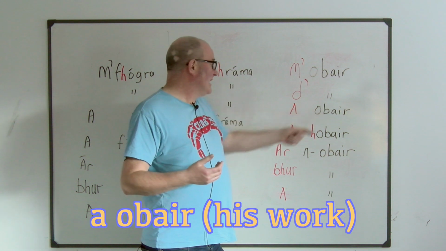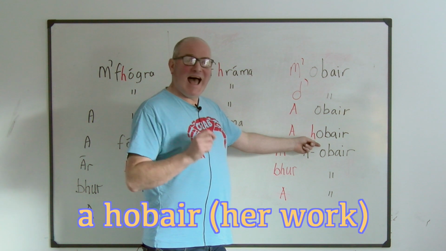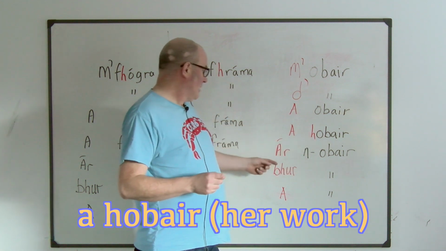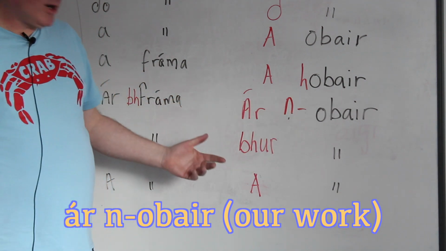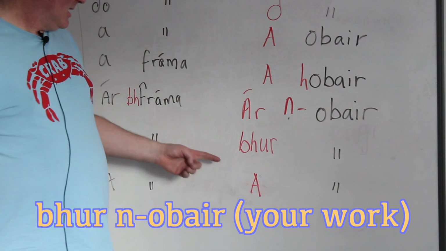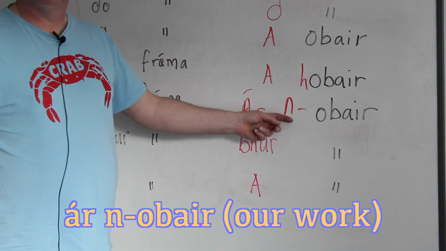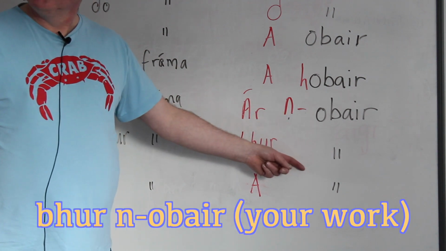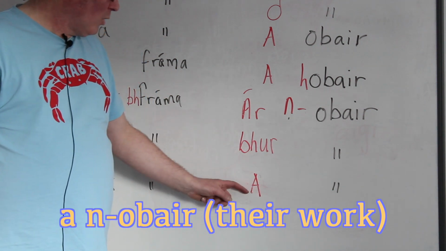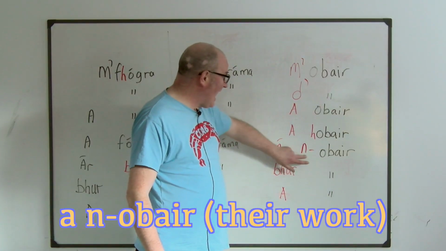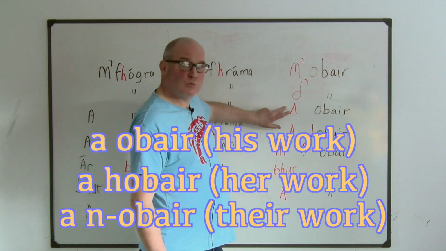So a obair, his work, but a h-obair in front of a vowel, her work. When we get into the plurals, ár n-obair, our work, bhur n-obair, your work, your plural work obviously, and a n-obair, their work. So you can see a n-obair is different from her work, which is a h-obair, or his work, which is a obair.